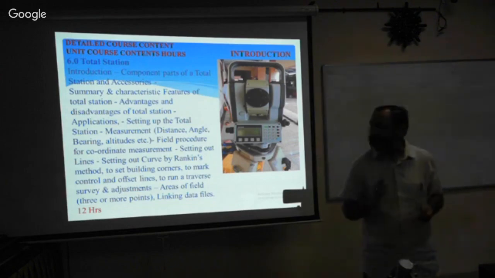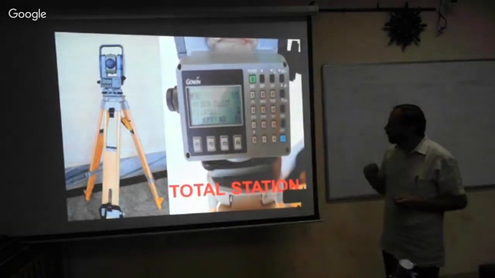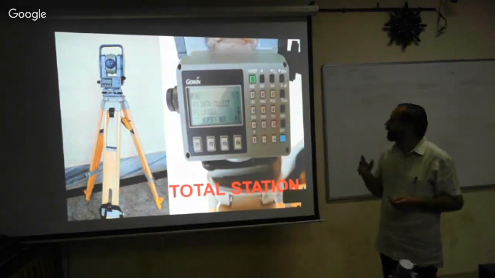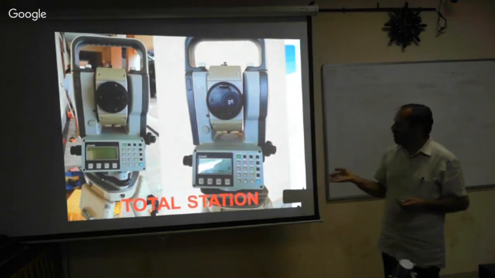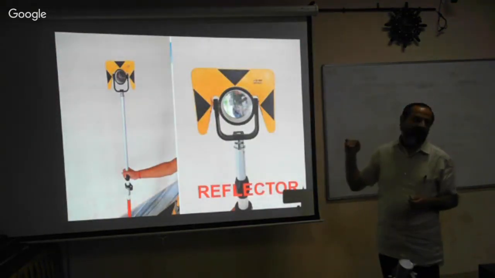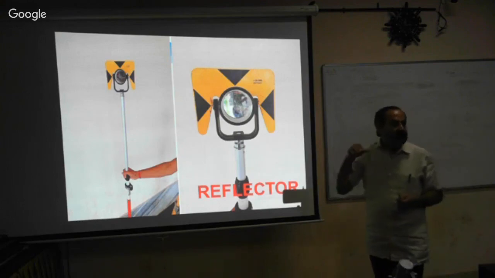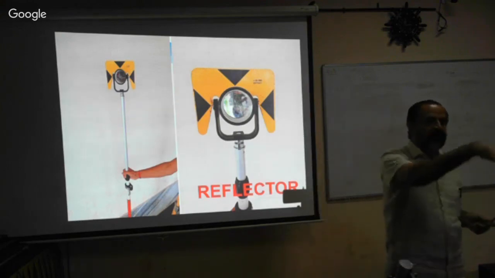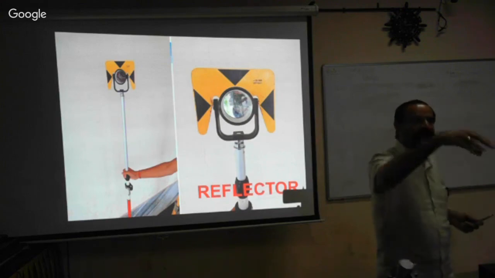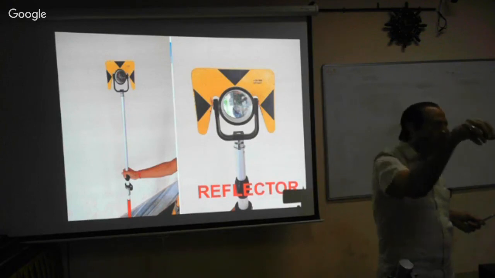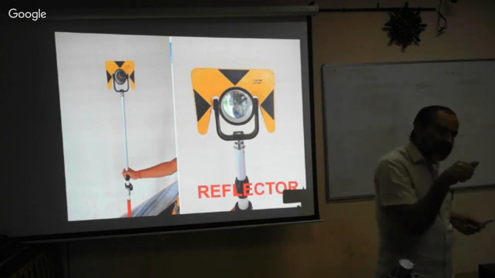Isn't it? Okay? Now another view of the total station. We will come back to it later. Okay? Now this is the reflector. The signal will be sent when you operate the total station. If you want to collect the information from the ground, far away, then you give the signal.